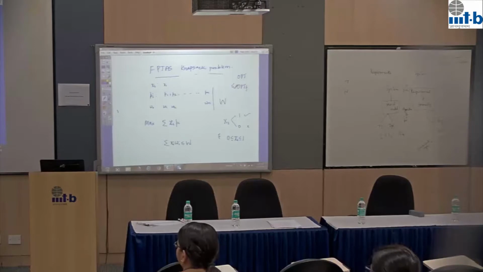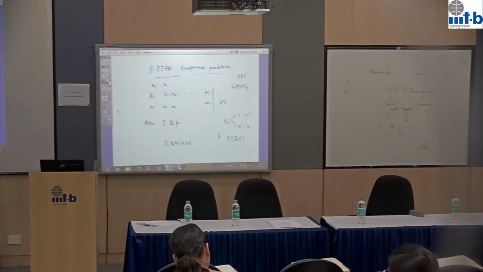So you have more options; the solution space is larger for the fractional one. A feasible solution for the 0-1 knapsack is also a feasible solution for the fractional one, because you are just picking endpoints. But the other way around is not true. In both cases you want to maximize this, but in the 0-1 case this condition is there plus this condition is there.